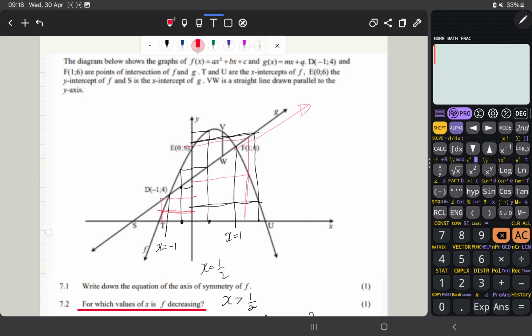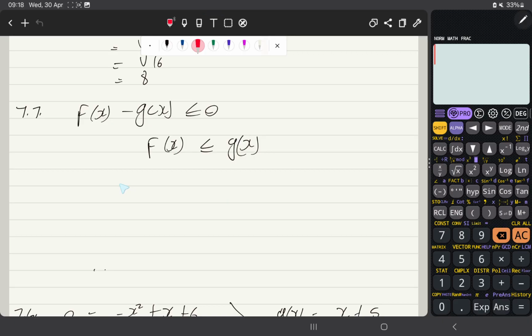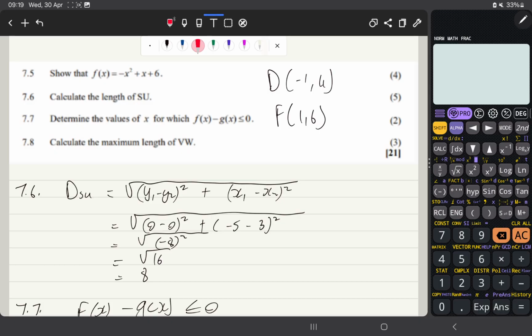Just like I said, this is 2 marks, you don't have to think much here. So to answer 7.7, you say it's the union of minus infinity to -1 and 1 to positive infinity. That will be your answer, and then you're done.